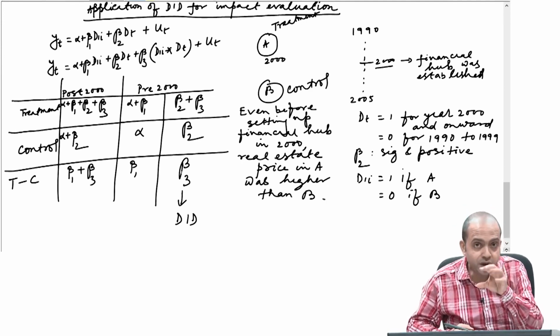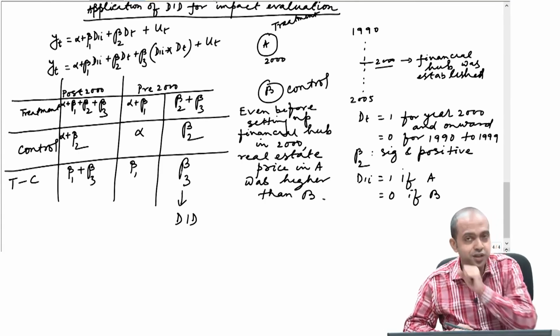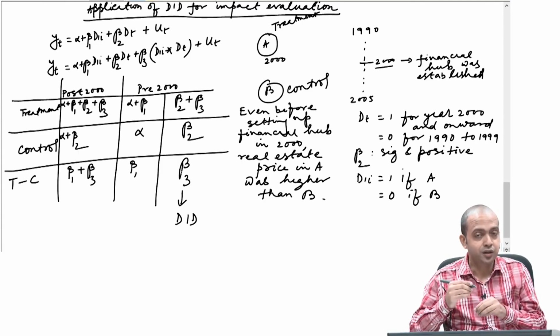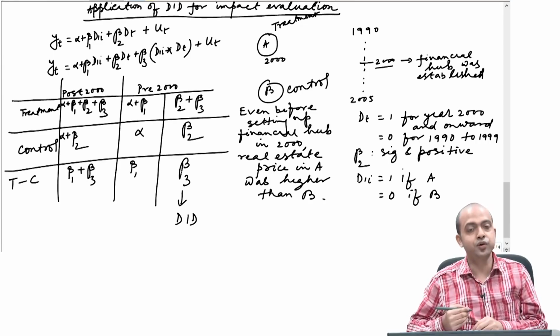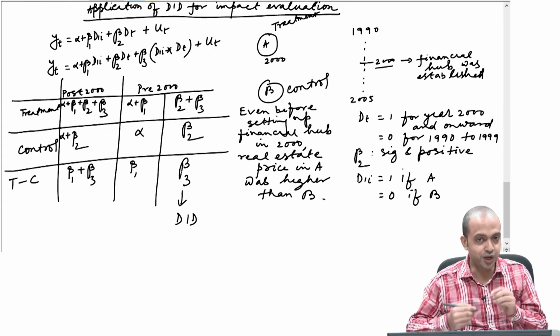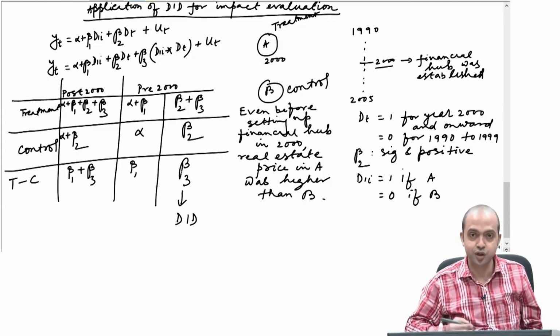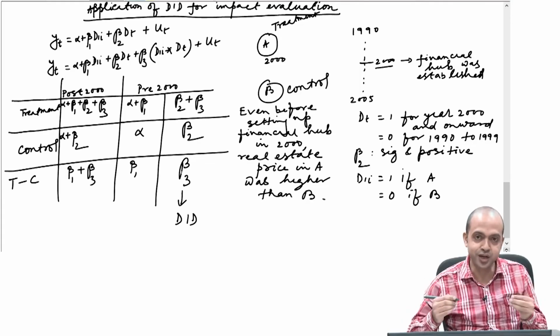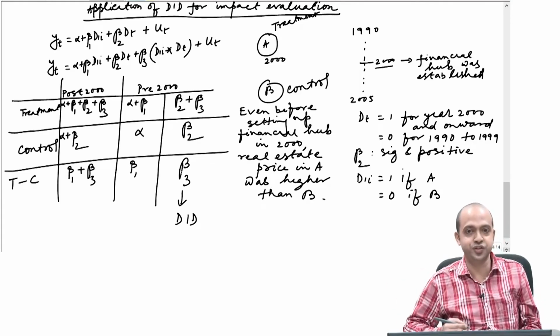Then what you have to do? You have to identify those women who participated in the self-help group, and you have to calculate their empowerment against the control group, those who did not participate. Then you have to calculate the difference in empowerment pre and post joining the self-help group, and you have to take the difference in difference once again.